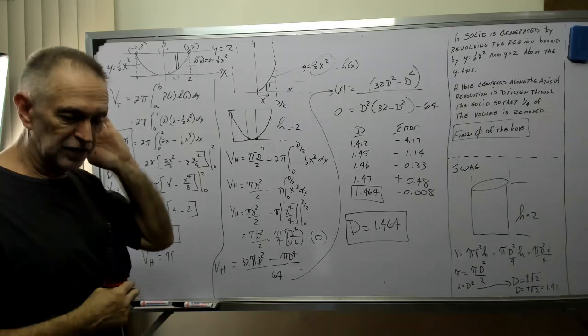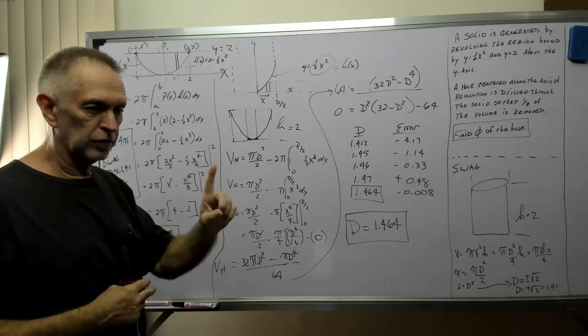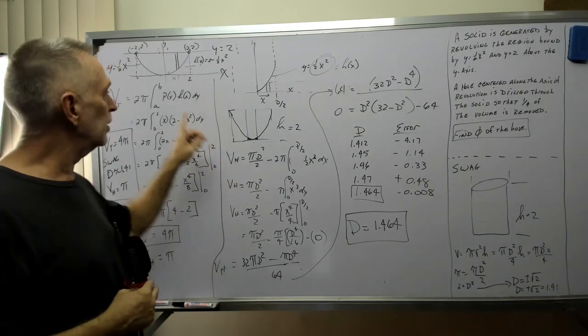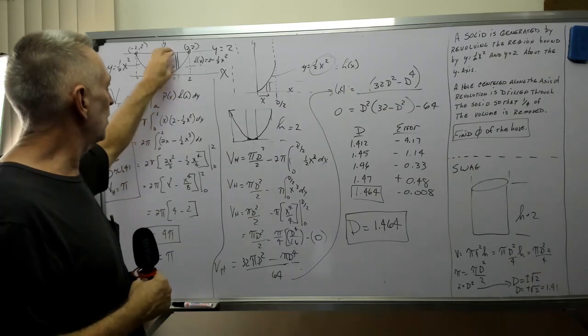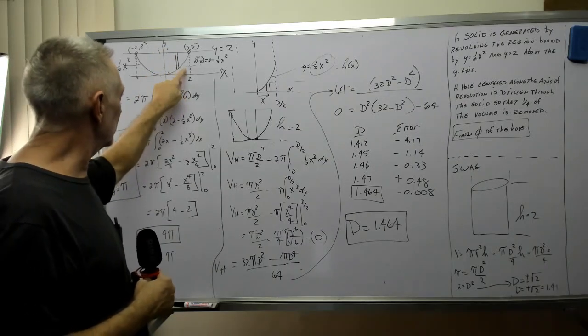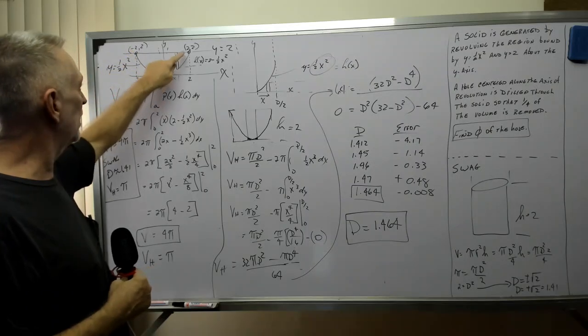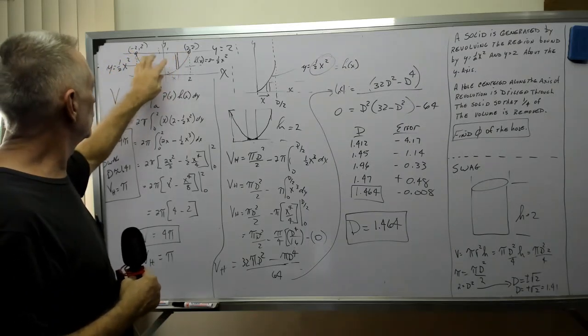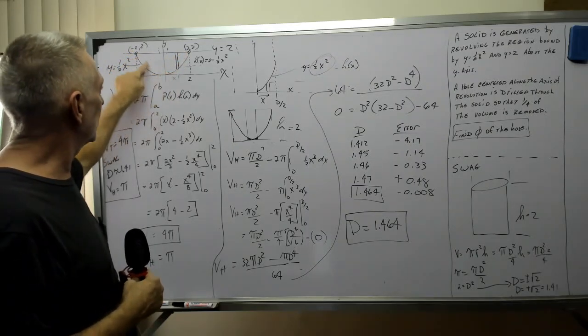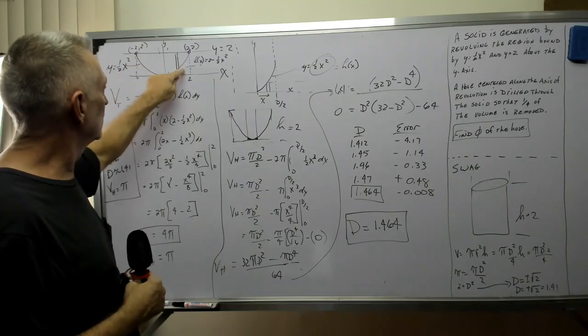So the way I set the problem up was, first I'm going to find the volume of the revolution of that region. Now notice it's not this region, but it's that region, because that's the region bound by y equals 2 and y equals 1/2 x squared. It's not that.